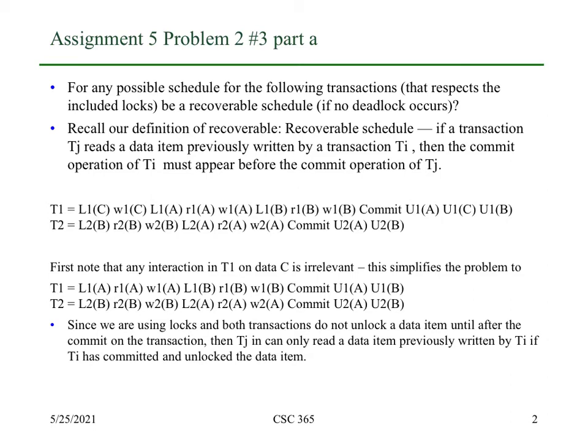So anyway, we have these 2 simplified versions, and since we're using locks, and both transactions do not unlock a data item until after they commit, it's clear from that, if you go back to the definition of a recoverable schedule, that TJ, suppose that was T2, can only read a data item previously written by T1 if T1 has already committed.